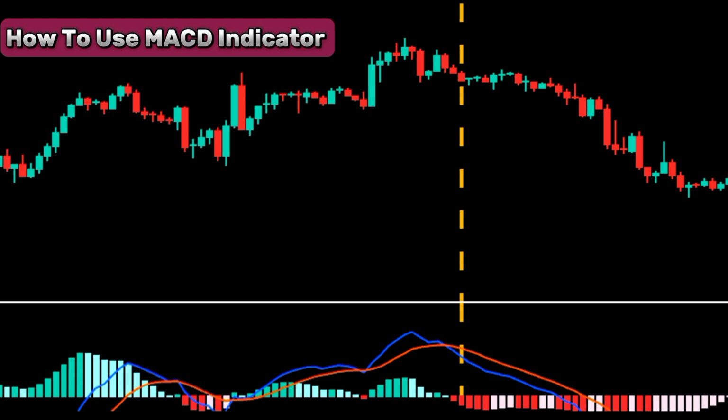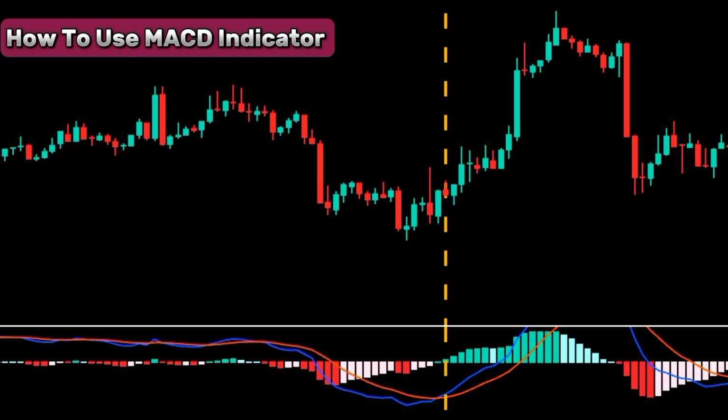When the MACD line crosses below the signal line, it indicates that the price is moving in a downward momentum and price will go down the more. And each time the MACD line crosses above the signal line, it means that the price is moving in an upward momentum and price is expected to go up the more. Remember, the MACD line is the blue line and the signal line is the orange line.